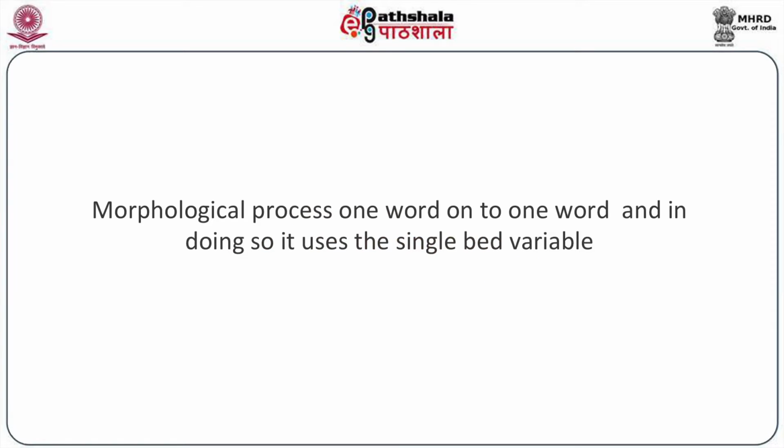Recall from some lessons ago that a morphological process maps one word onto one word, and in doing so it uses a single variable. Remember that the single variable may be shown discontinuously, like C1, C2, C3, but it still corresponds to a single X.